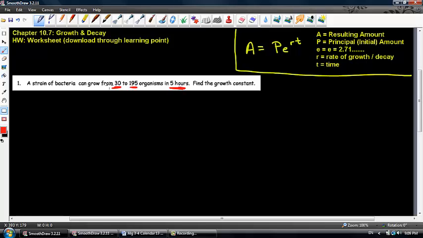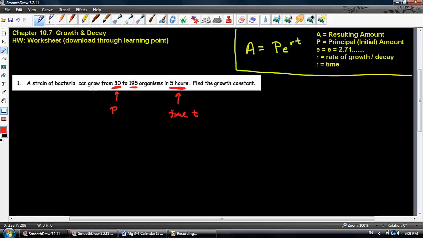What we need to do is extrapolate what information we can gather from this. Well, 5 hours has got to be time. There's no other thing it can be, so that should be T. 30 to 195: unless the bacteria is dying, we can assume that 30 is the initial amount, which is the principal, P. I can assume that because it says the bacteria will grow, which means the rate of change is going upwards.